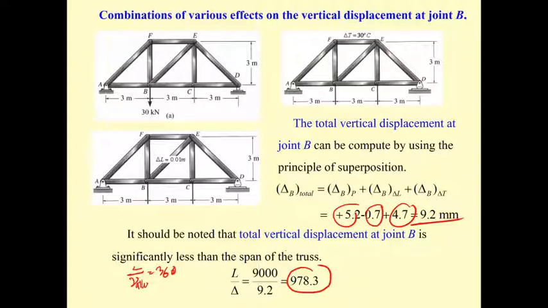Like if you design a 10 meter span truss and you use 360, that is going to be 10,000 millimeter divided by 360. Your truss is going to deform 27.8 millimeter.